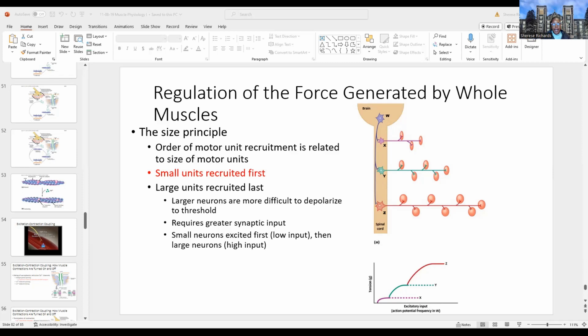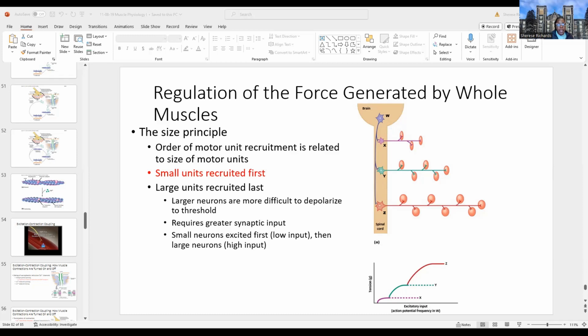And then as far as their reliance on oxygen, that means they're going to have high mitochondrial density, so lots of mitochondria, capillary density, lots of capillaries to bring that oxygen in, and myoglobin, which is the storage of oxygen in muscle.